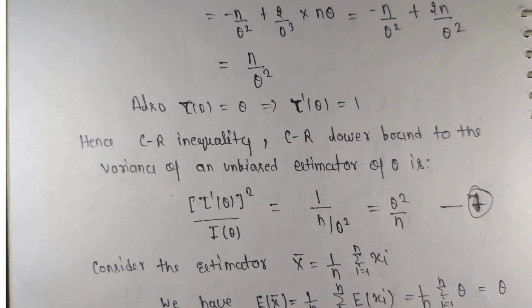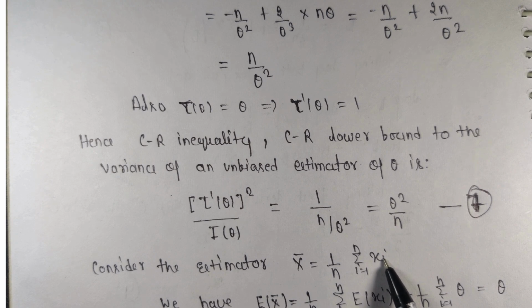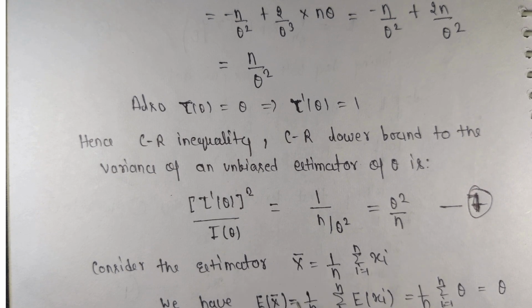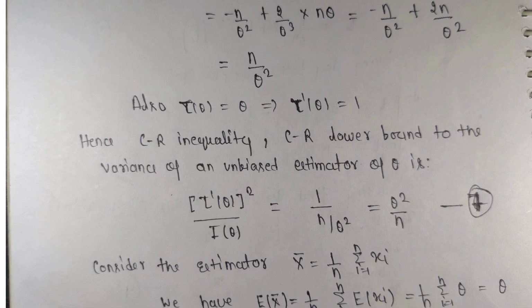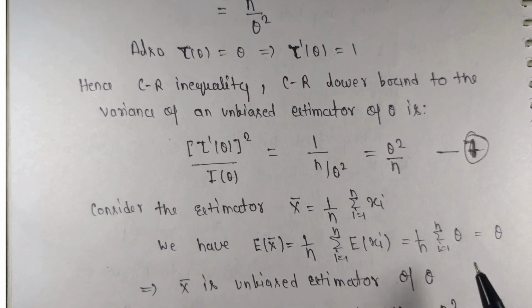Okay, so now consider the estimator x bar equal to 1 upon n summation of xi. In our problem x bar is given, and then the expected value of x bar is 1 upon n summation i going from 1 to n of expected value of xi, and we know that the expected value of xi is theta.